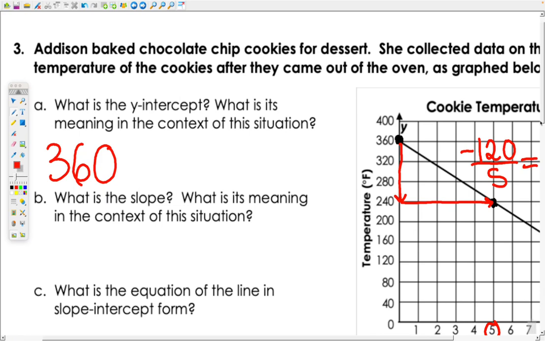This is kind of confusing, so you really need to think about this. It's saying that she made cookies, she took them out the oven at 360 degrees. So that's basically what you're telling me. I mean, that's obviously the temperature she must be cooking them on. But when they come out of the oven, they're at 360 degrees. So that's what I'm going to write. It is the temperature when they come out the oven.